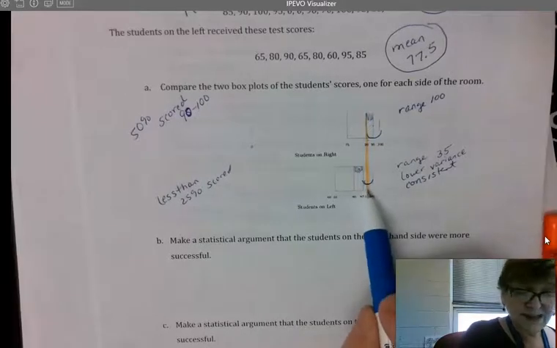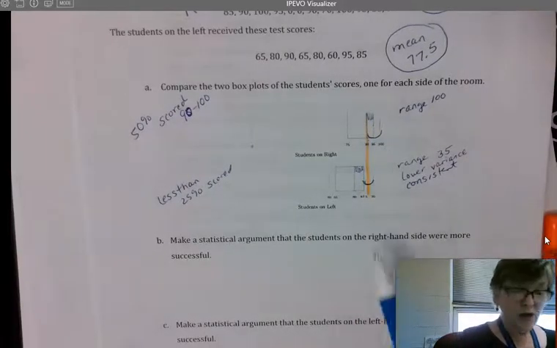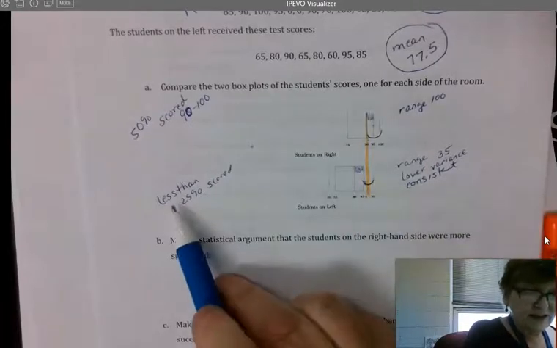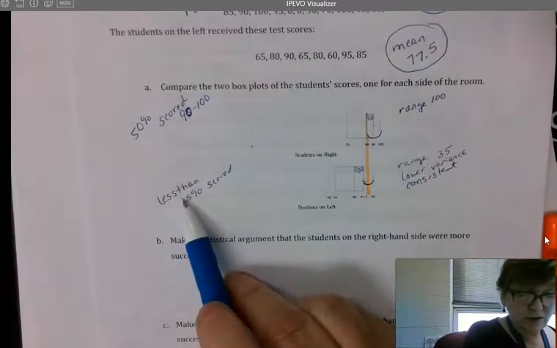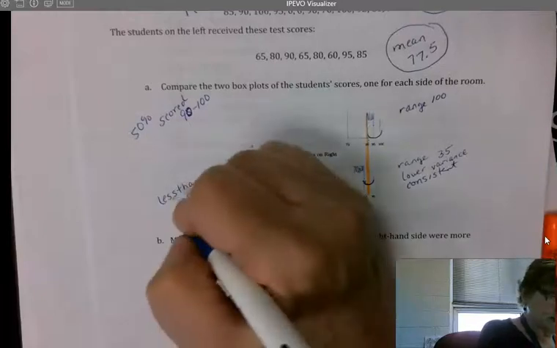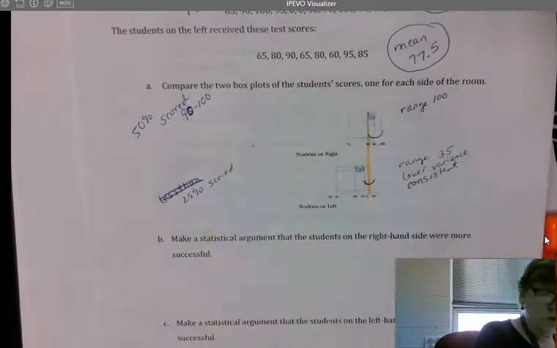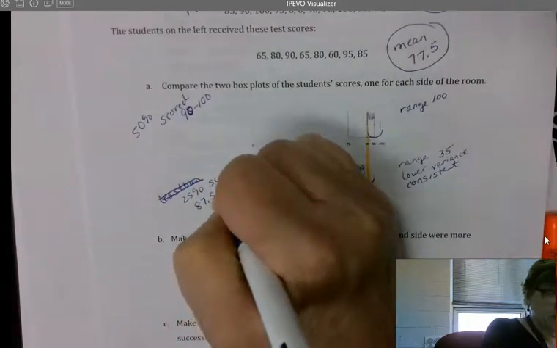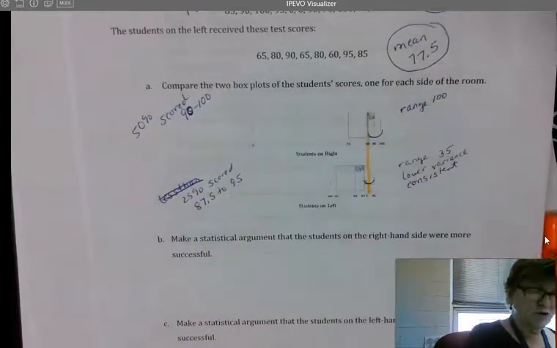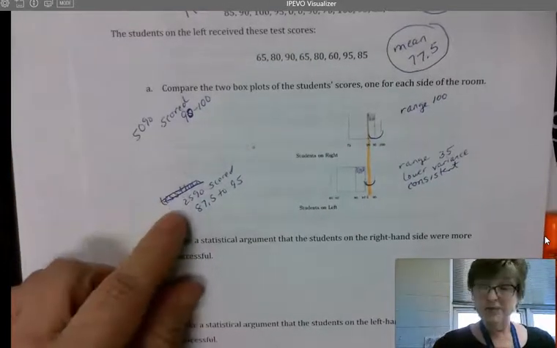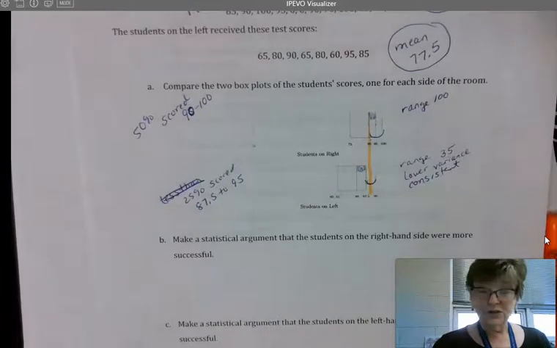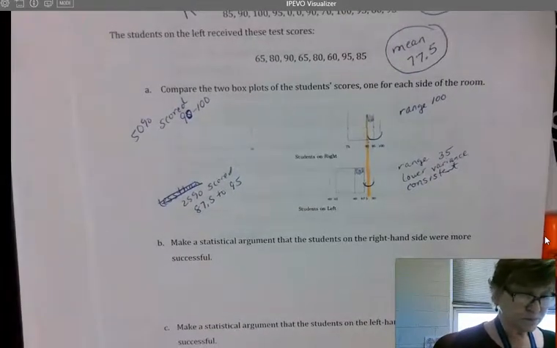So statistically, we can't say exactly. But looking at this, we can definitely say that less than 25% scored 87.5 to 95. So definitely a smaller number scored in that higher range in comparison.